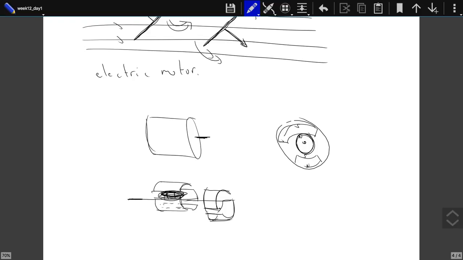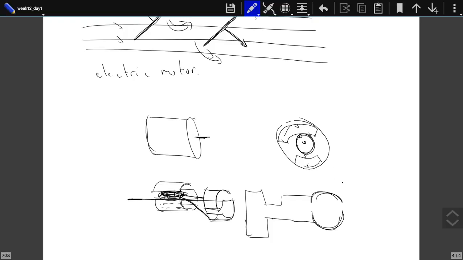Now these are just circular conducting sheets or metal pieces. Now the wires are connected to these metal pieces. And if you just look at it from the side, this is your circular conductors, which are connected to your wire, which is in the B field.